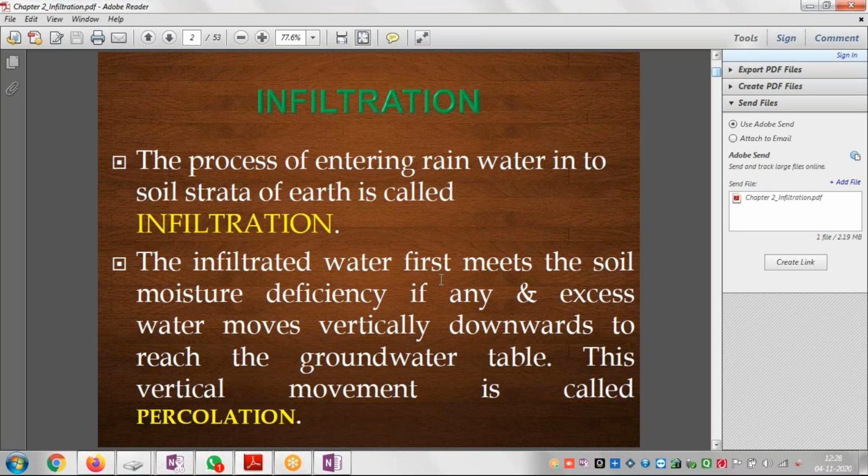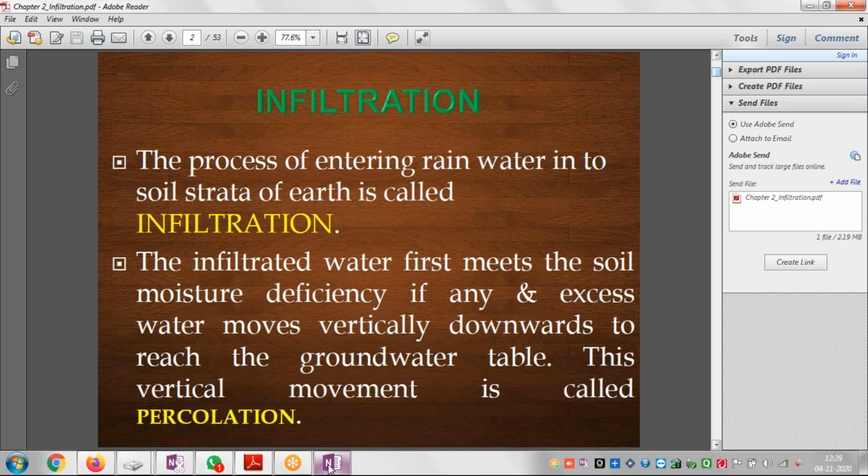Now, next: the infiltrated water first meets the soil moisture deficiency, meaning if the dry soil is there, it will wet the soil. Then if any excess water moves vertically downward and reaches the groundwater, it is called percolation.